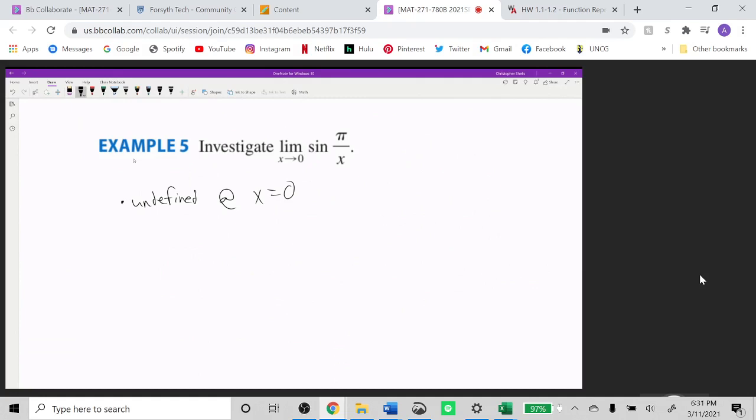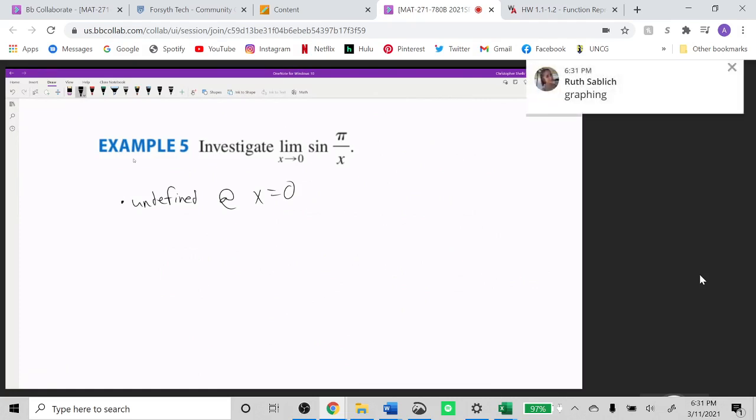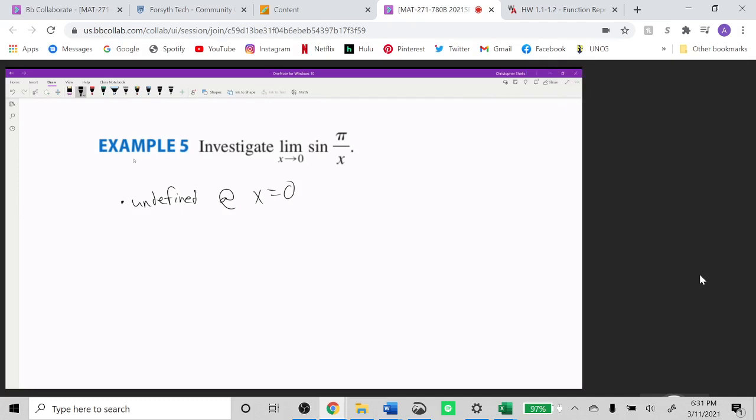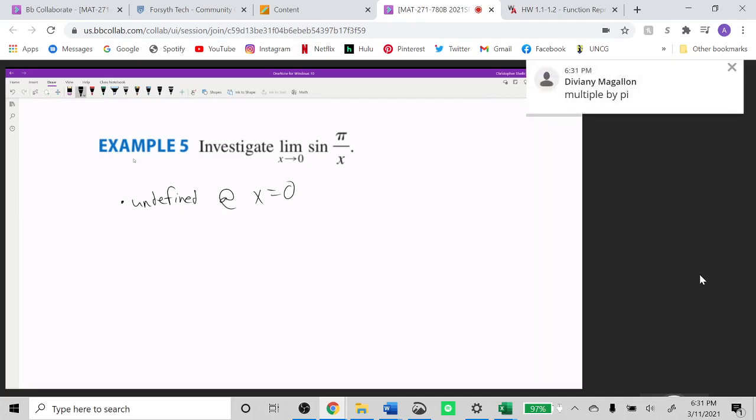How do you think that we should go about trying to find the limit of this thing? Graphing is one viable strategy. Multiply by pi.